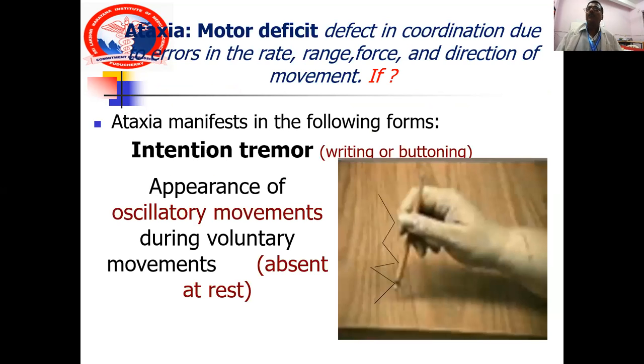Ataxia is a motor deficit, a defect in coordination due to errors in the rate, range, force, and direction of movements. Ataxia manifests in the following forms: intention tremor, seen in writing or buttoning, with the appearance of oscillatory movement. See, while writing on paper there will be oscillation during voluntary movements, and this oscillation will be absent during rest.